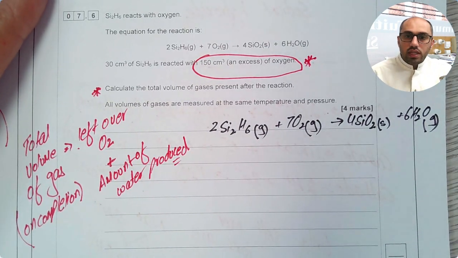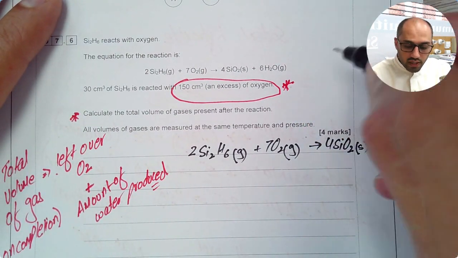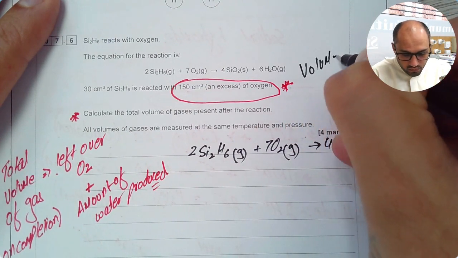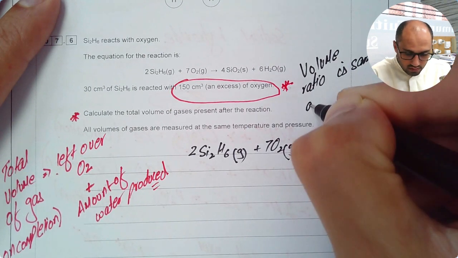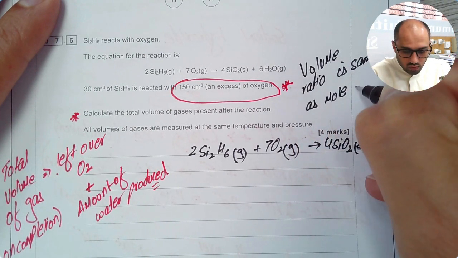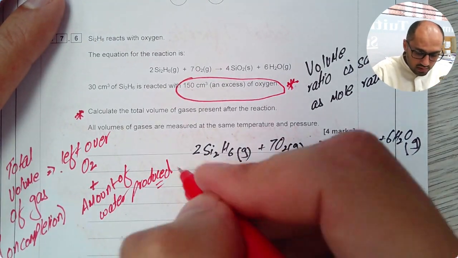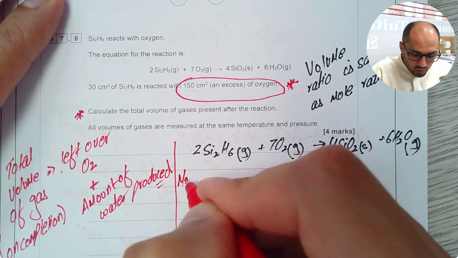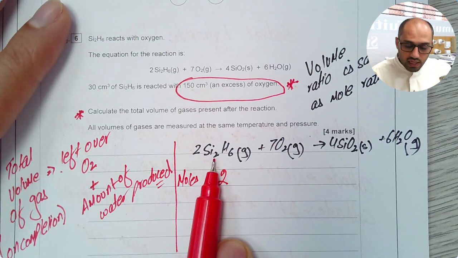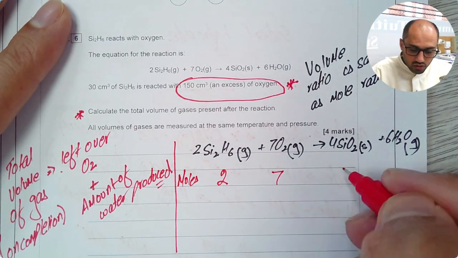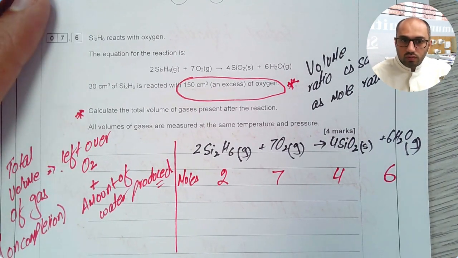Now you have to remind yourself about one more thing, that the volume ratio is the same as the mole ratio. So as per the equation, I can write down my moles. My equation tells me that 2 moles of this compound react with 7 moles of oxygen to produce 4 moles of SiO2 and 6 moles of H2O.